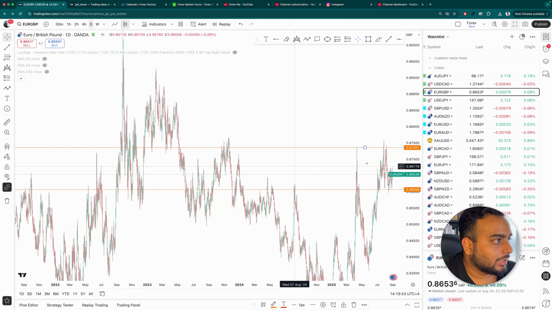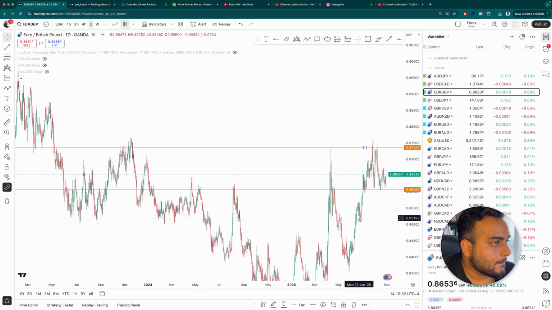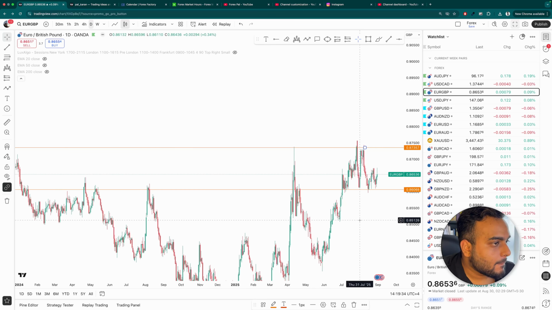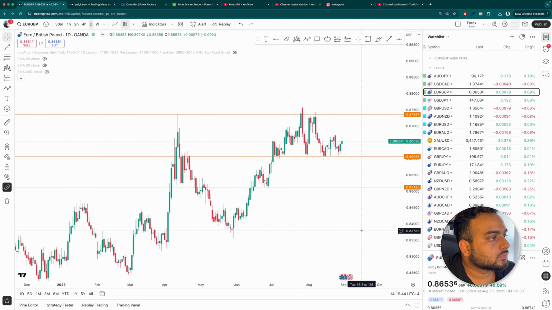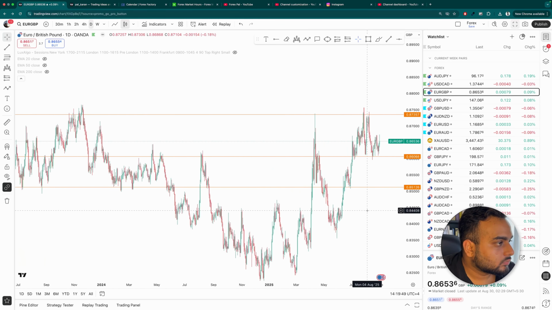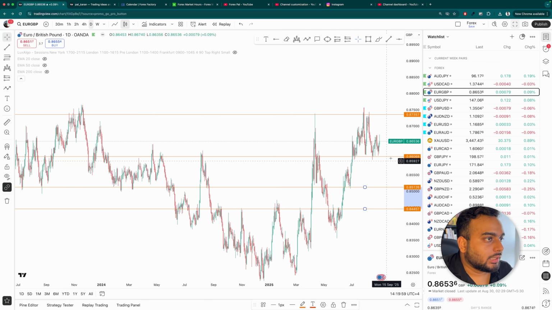Price is failing to break this level. This is another good support area. This is another good resistance and support area. So these are the daily lines.